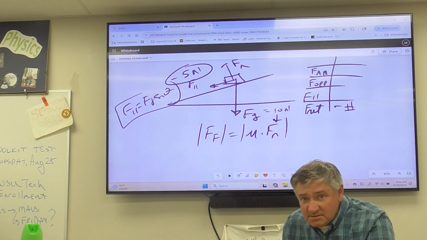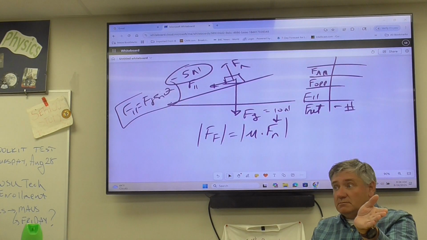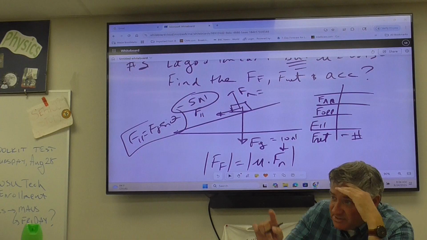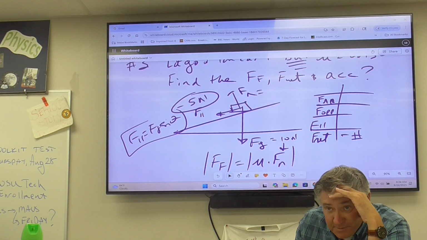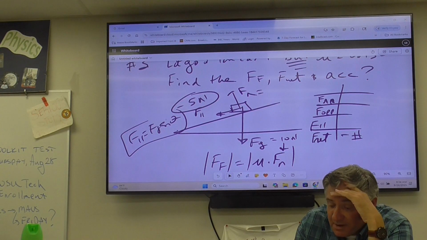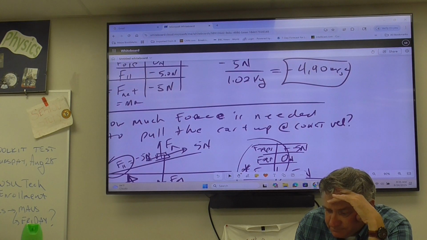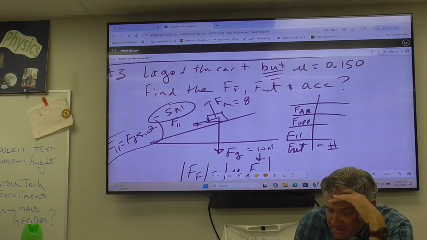Does it weigh 10 newtons? Yes. Is the normal force 10 newtons? No. So this is where you've got to use that Fg cosine theta part. This is where the cosine theta part now becomes a big deal. So we said that the normal force is what, 8.66? That's going to be 8.66 newtons.